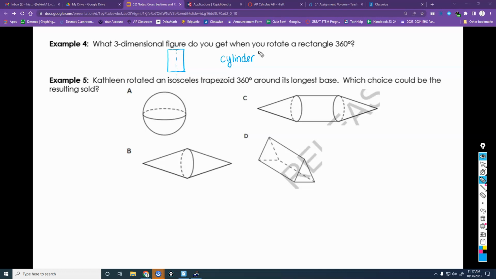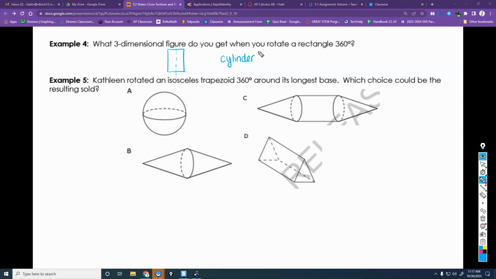Ignore the yellow orange part here. This is a baby bottle decoration for a shower, but that would make a cylinder, right? So does that help you see what we're talking about when we're talking about rotating? There, you're taking that rectangle and spinning it around, so it makes a cylinder.